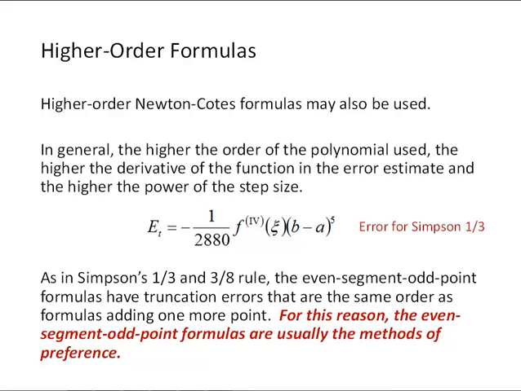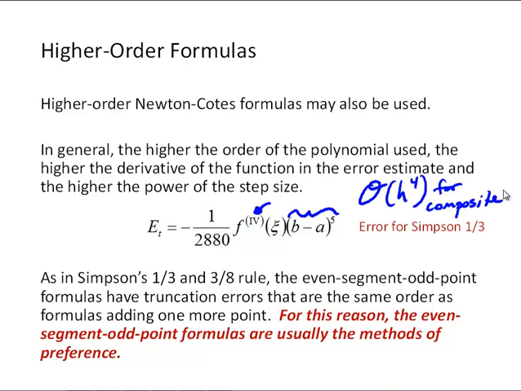We could go to higher order Newton-Cotes formulas, and in general, the higher the order of the polynomial we use, the higher the derivative of the function in the error estimate. Simpson's 1/3 rule is proportional to the 4th derivative, and the higher the power of the step size. Simpson's 1/3 rule was proportional to b minus a to the 5th for a single application, or again, 4th order for a composite application.